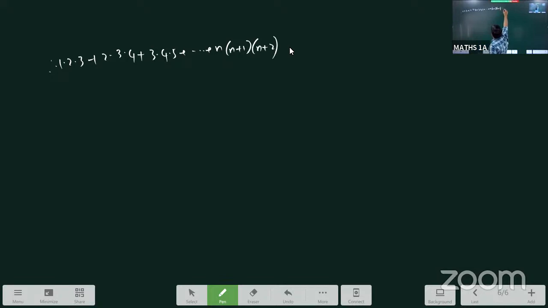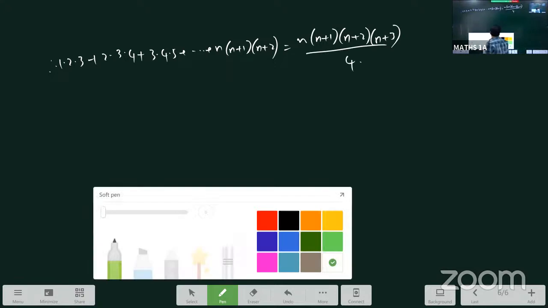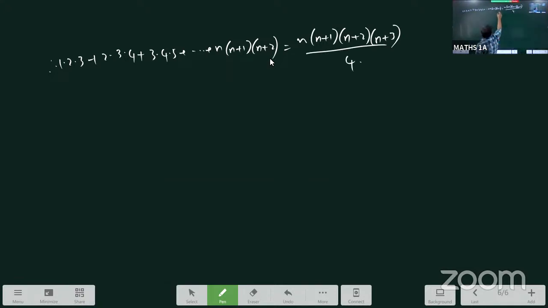So therefore 1 into 2 into 3, 2, 3, 4, 3, 4, 5 plus n into n plus 1 into n plus 2, that is equal to n into n plus 1, n plus 2, n plus 3 by 4. So this is your nth term.